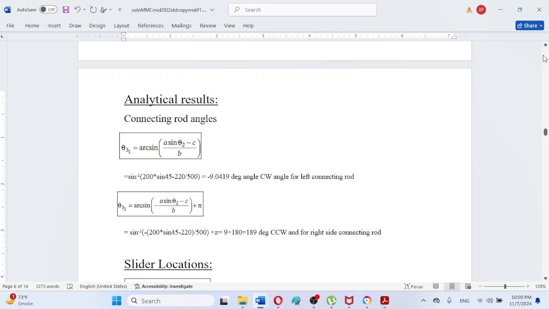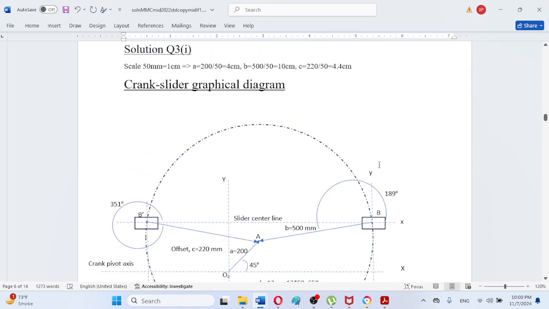But as we can observe here, if we measure from this positive x-axis, for example this small xy local coordinate system, the 9 degrees will be here. So that means theta 3 1 is actually for this left circuit.